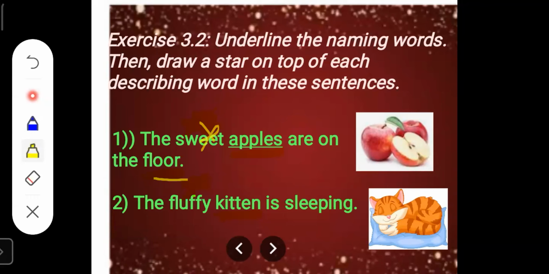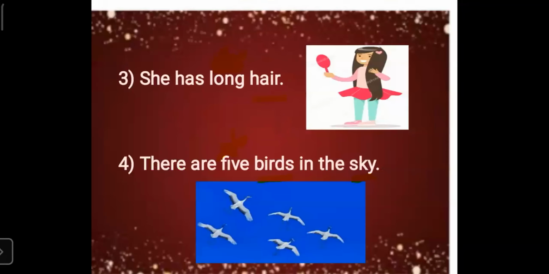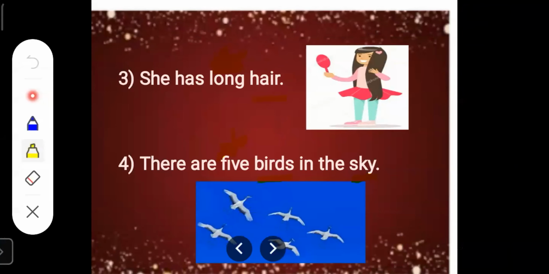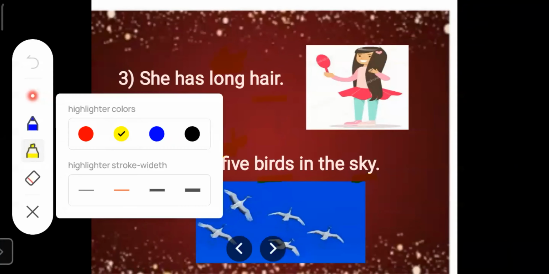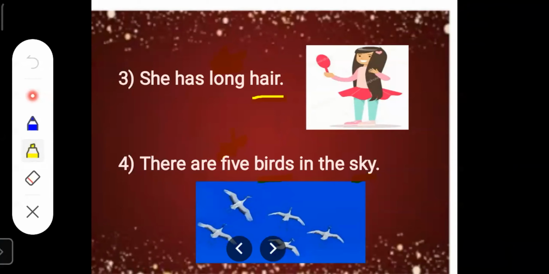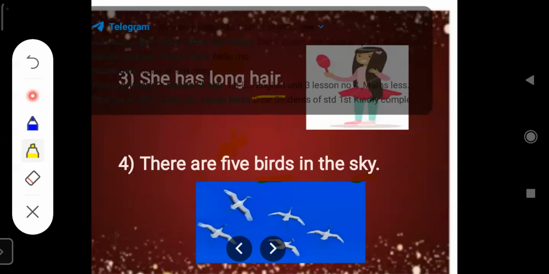The fluffy kitten is sleeping. Kitten is a naming word. The word fluffy tells us what kind of kitten it is. So fluffy is a describing word. Next is, she has long hair. Hair is a naming word.